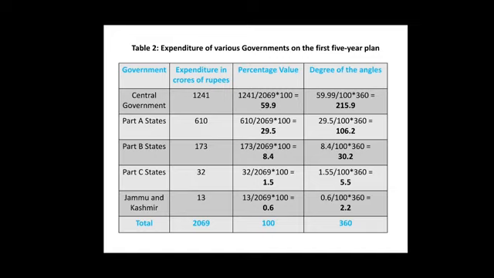By using this formula, we can calculate the angle of each slice or sector as shown in the fourth column of this table. So the first angle we get is 215.9 degrees or approximately 216 degrees. The second angle we get is 106.2 degrees and so on.